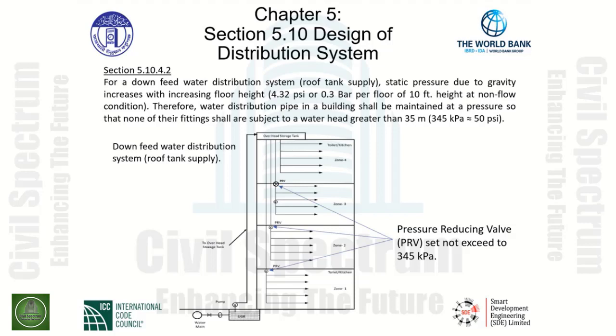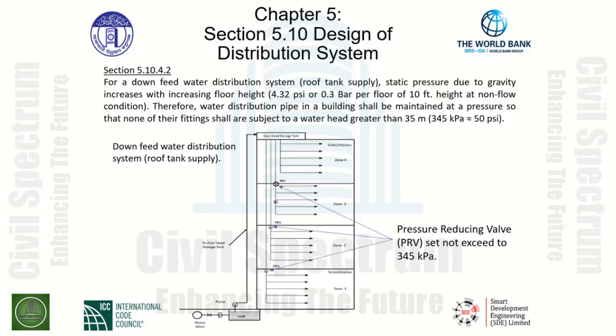From that point, we are relying on gravity to pressurize the water and flow downward to different zones, as can be seen, or different elevations of the building. We have our upper floor, which is called Zone 4. From the storage tank, we distribute water to the various fixtures on that floor.